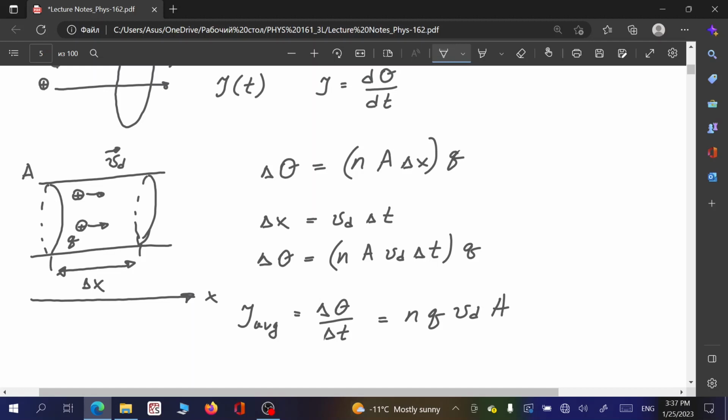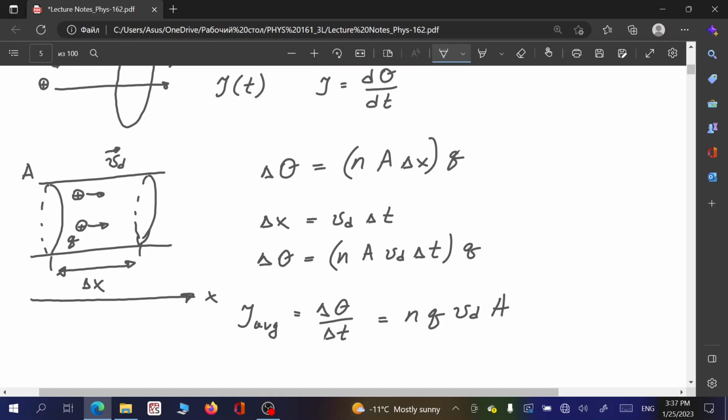Obviously, this will be a function of the electric field, first of all, because that will define how much we will push these charges to move in a given direction, but it will also include information about material properties, which specify how easily charge carriers in a given material can move through it. So different materials will possess different features in this aspect. And here is the area. So area is not a very material specific feature.